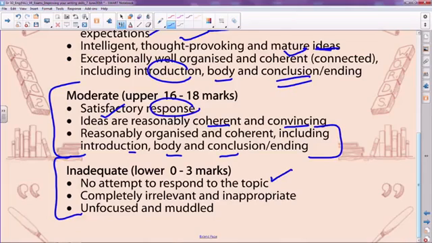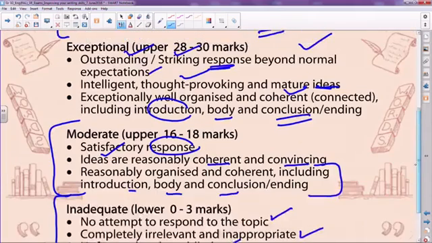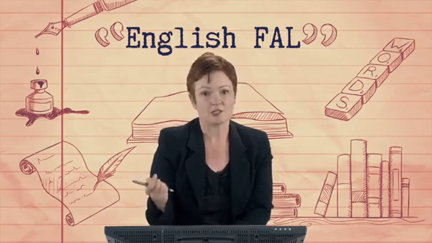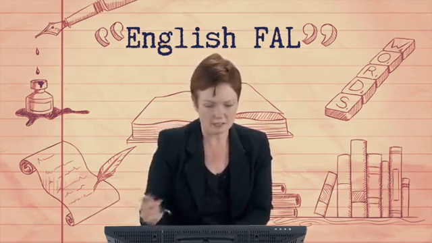The information you've included is irrelevant and inappropriate, and your wording is unfocused and muddled. All right, so this is kind of where you want to be when answering your questions. So having an idea of what your examiners look for is really, really helpful. And again, if you have a teacher who has access to marking rubrics, ask your teacher and have a look and read through them more carefully.